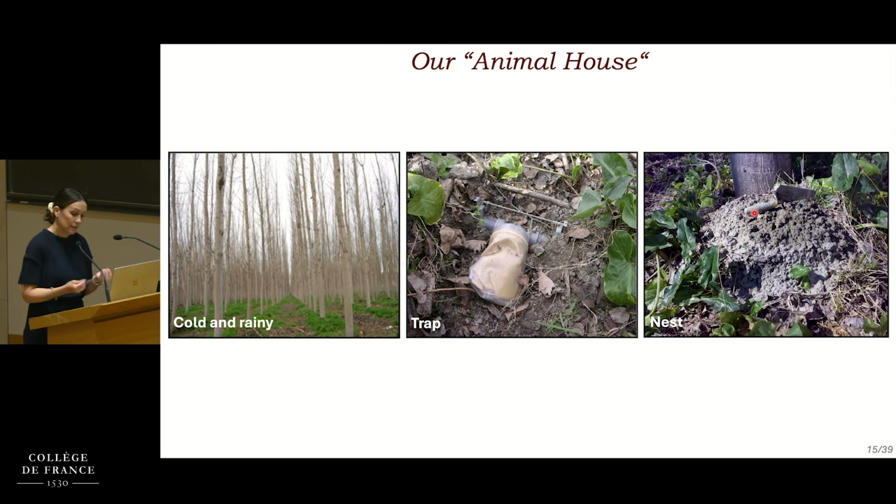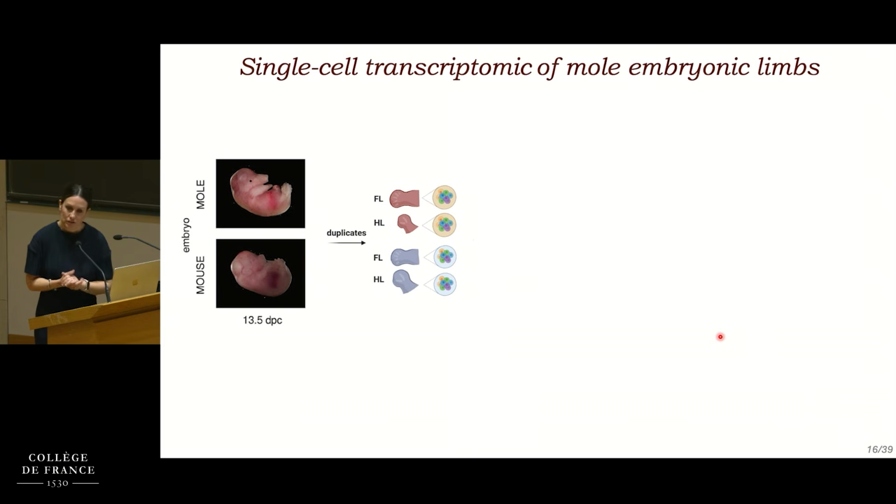And because they are territorial, when we identify one of these nests, we put traps around the nest, and we hope to catch the female in the developmental stage that we need. But long story short, normally we manage to get some material that we can work with.